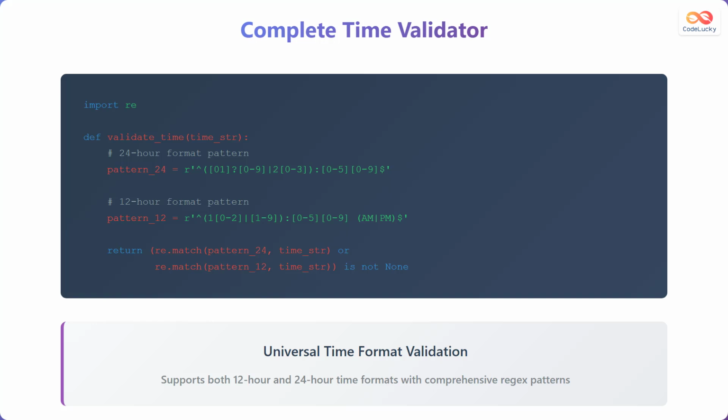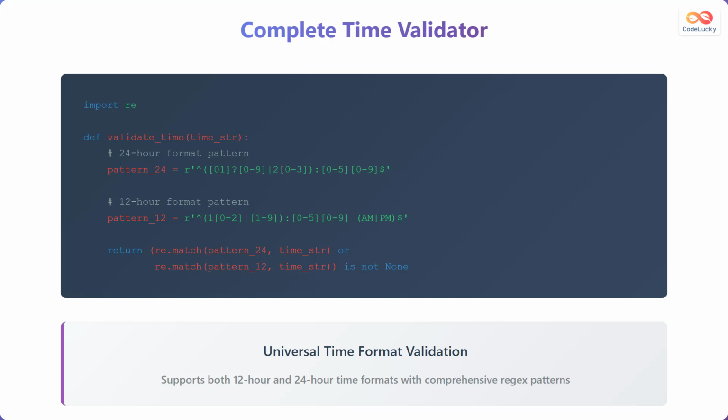Now, let's create a complete time validator that supports both 12-hour and 24-hour formats. First, import the re module. Then define a function called validateTime that takes a time string as input. Inside the function, define the regular expression pattern for both the 24-hour and 12-hour formats.